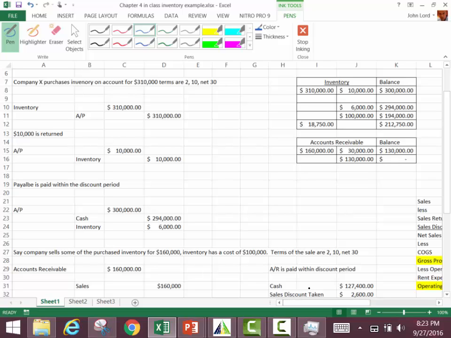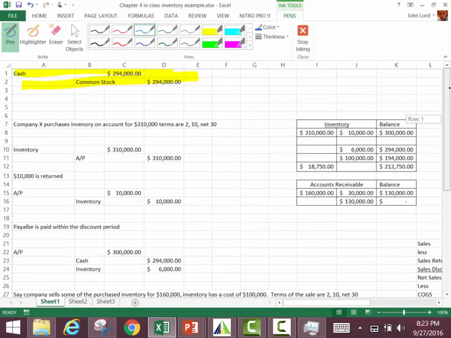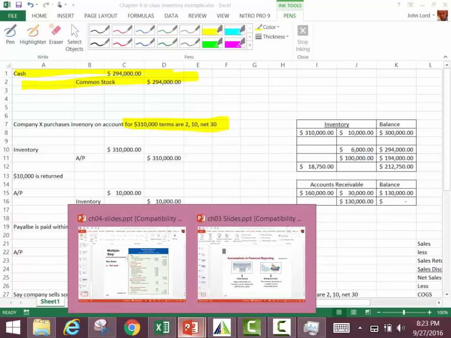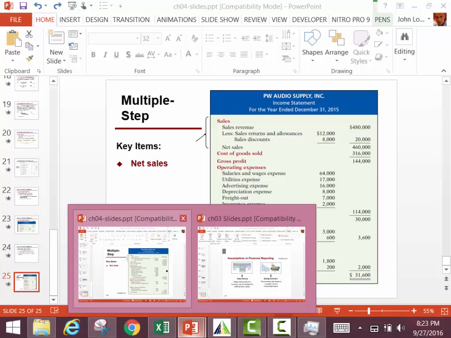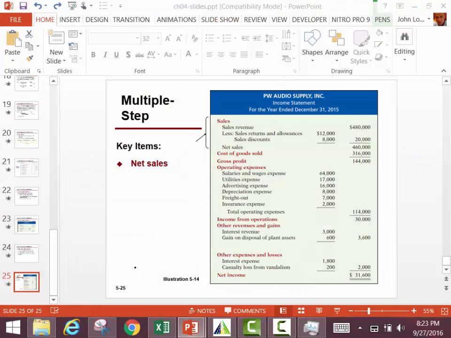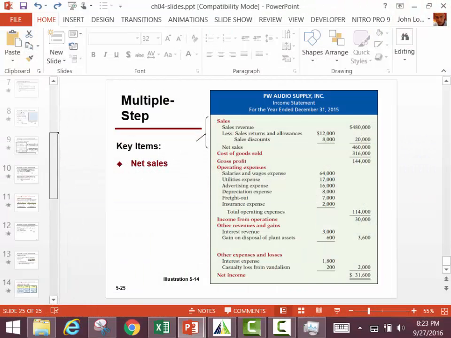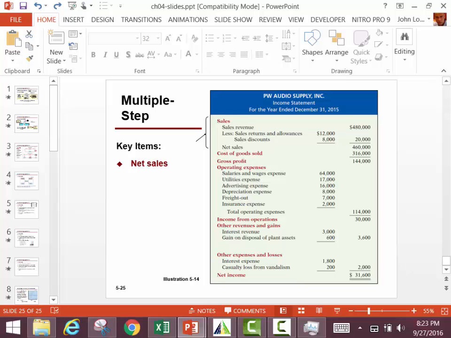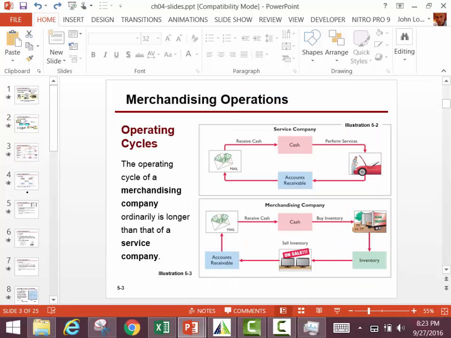We purchase the inventory for 310,000, and the terms on that are 2/10 net 30. Now, when you see that, you're going to need to know for your exam that when you put your inventory up at 2/10 net 30 like that, I just want to find the slide that describes that.